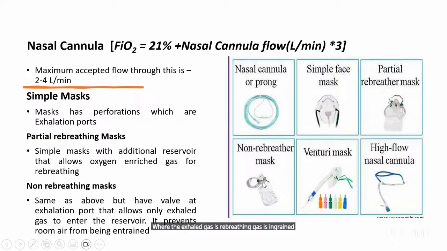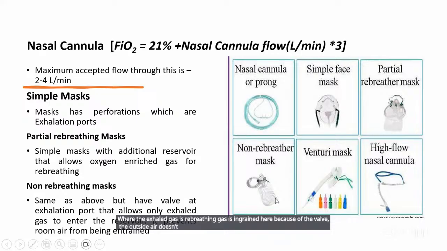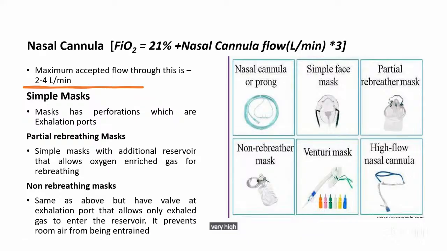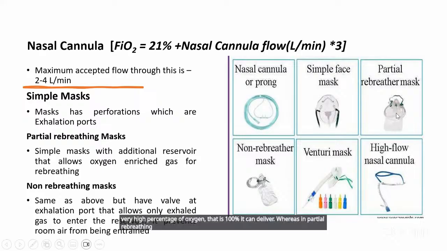Because of the valve, the outside air doesn't get in and it doesn't get diluted. So at high flow, this non-rebreathing mask can deliver a very high percentage of oxygen, that is 100%. Whereas in partial rebreathing, there is no valve at the exhalation port, so the outside air can dilute it, so it can deliver at most 60%.